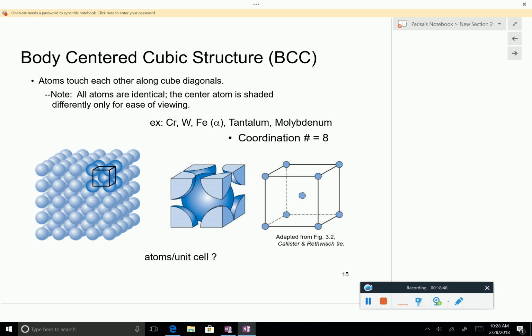And some types of iron have this kind of microstructure, as you can see. The coordination number here is pretty simple. There are 8 atoms around each atom. You can see that? Just pick the middle one, the easiest. Now, the question is, how many atoms do we have in this unit cell?